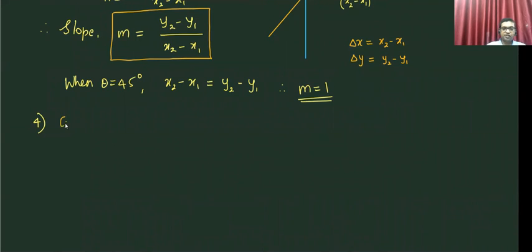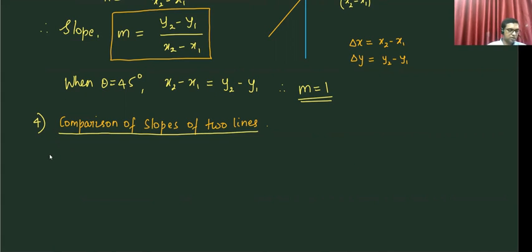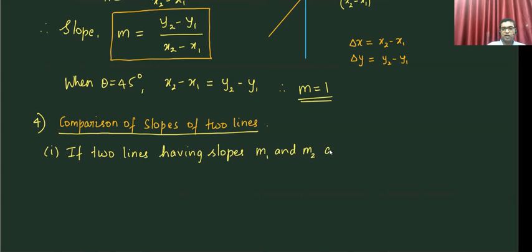Comparison of slopes of two lines. Now, if two lines having slopes m1 and m2 are parallel, then m1 will be equal to m2.